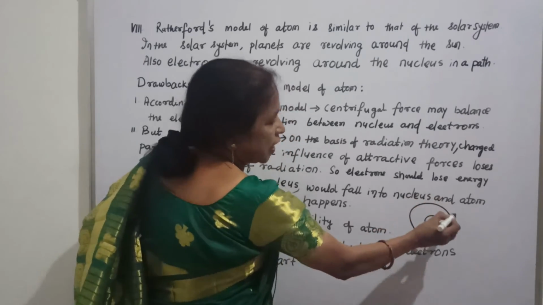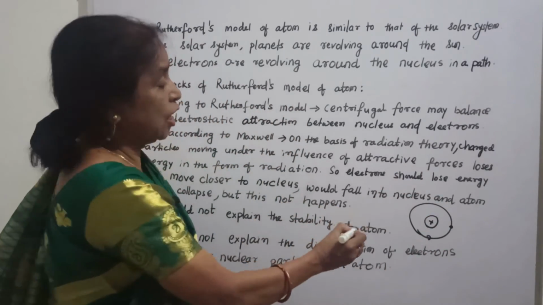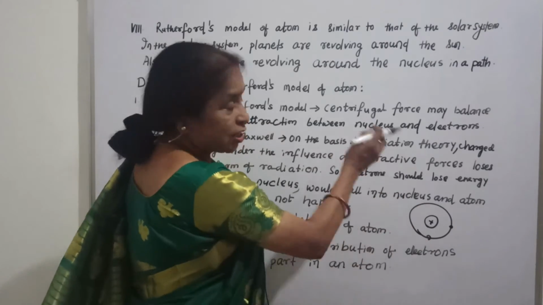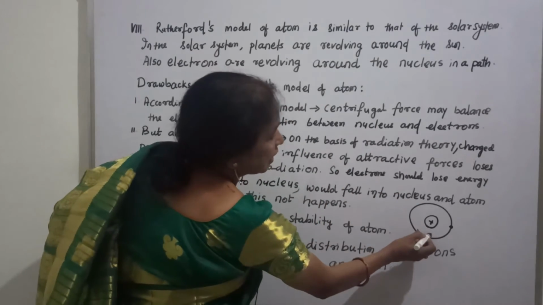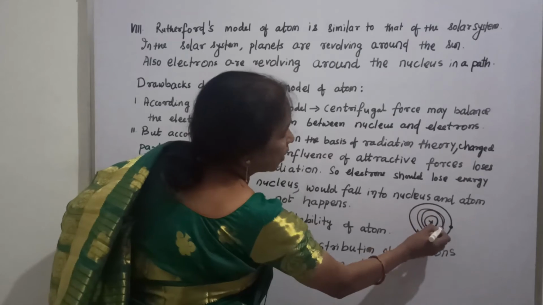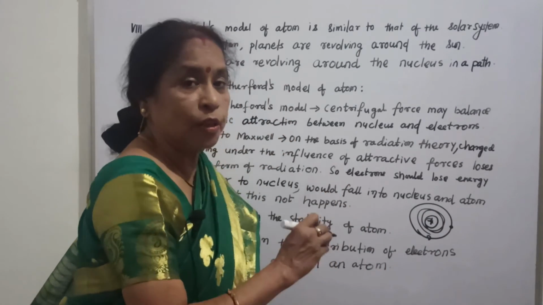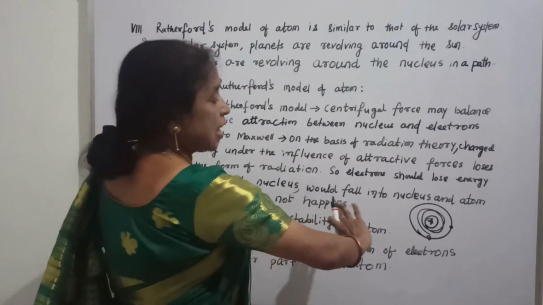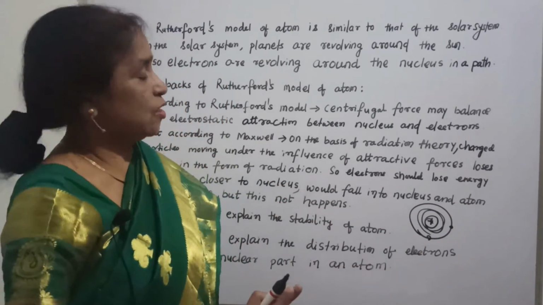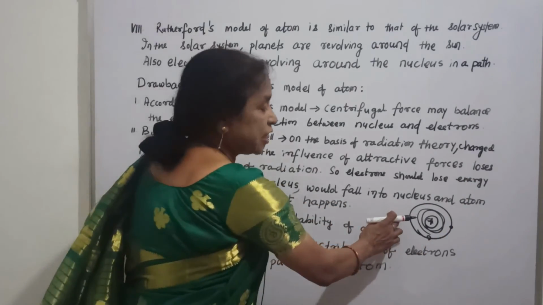The electron revolves around the nucleus and loses energy according to Maxwell's theory. Lastly it will fall into the nucleus. If it falls into the nucleus, then the atom would collapse, but this is not happening. The atom is existing.